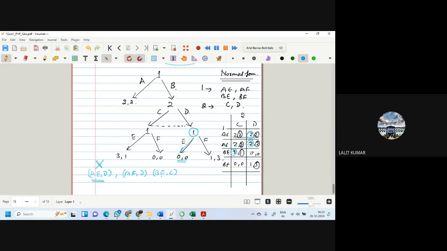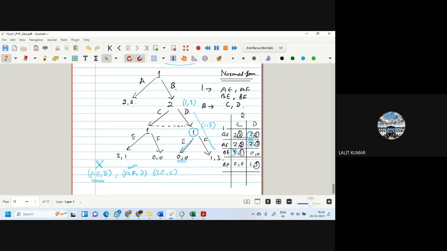AFD, yes, he will play. So this 1 3 comes here, and it comes here also, 1 3. Now between 1 3 and 2 2, what will he play? He'll play A, and this has come from DF. So AFD is a Nash equilibrium. Now we check another one, BEC.